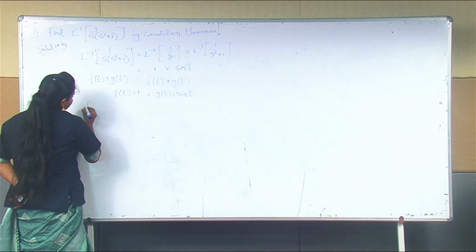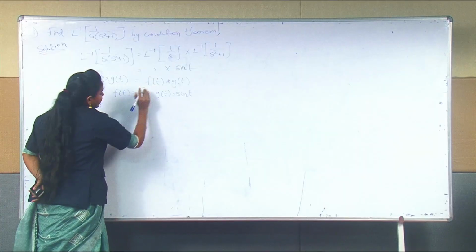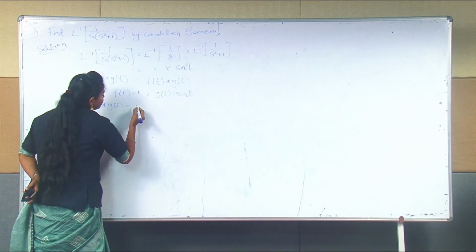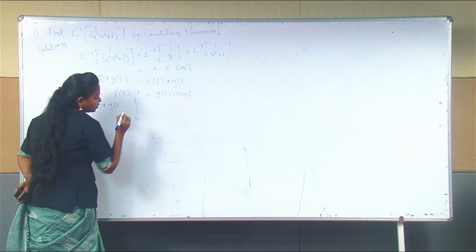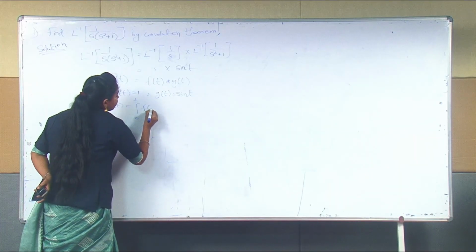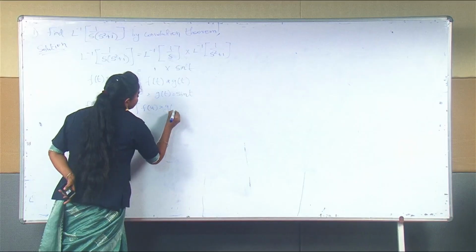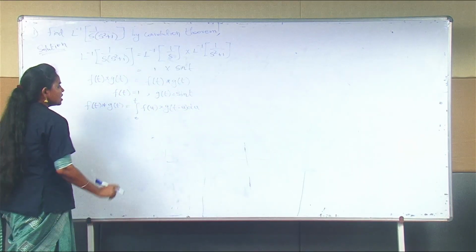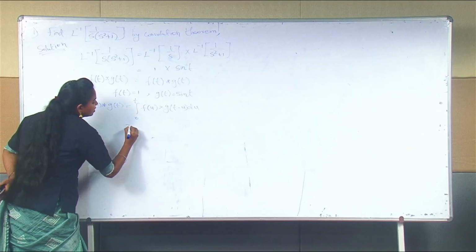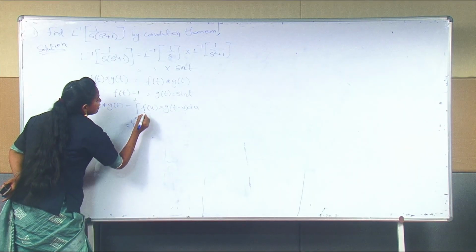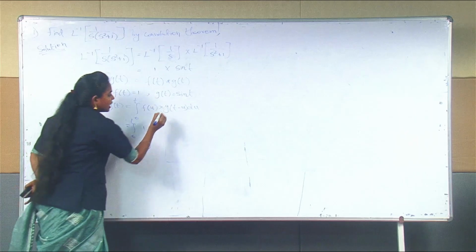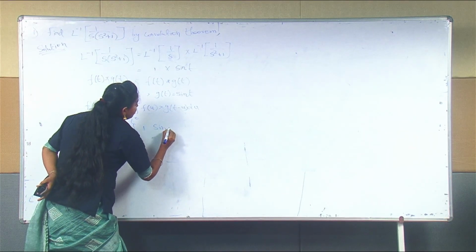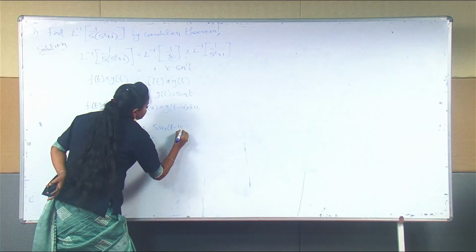So we are going to find f of t convolution g of t. The actual formula is the integration from 0 to t of f of u into g of t minus u du. Here f of u means 1 and g of t minus u means sine of t minus u, into du.